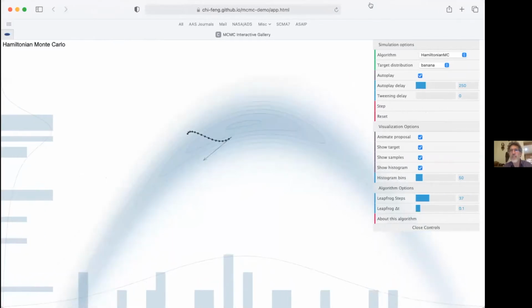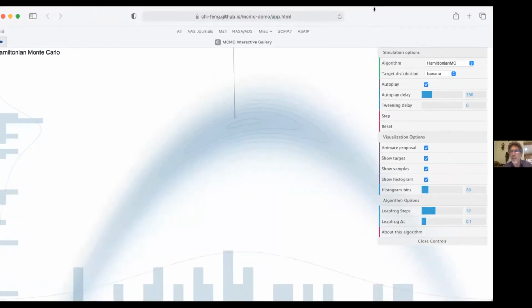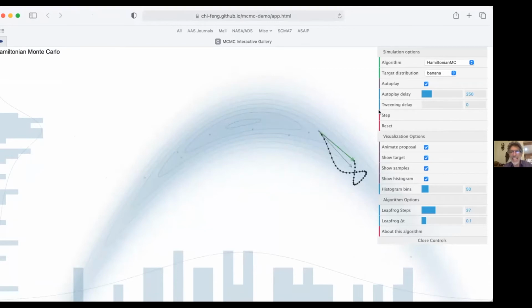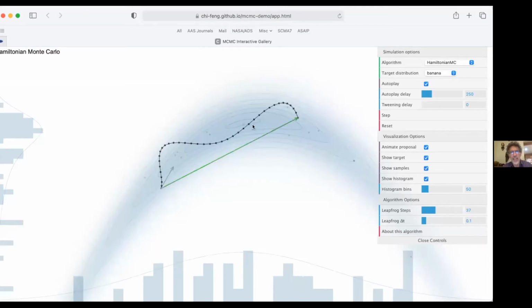Okay. So what this is, it's a Java app or something like this. It's some sort of an app that illustrates some of the MCMC methods. So in this case, I said, start with a banana-shaped, a curved shape in 2 dimensions, 2 parameters, that's peaked in the middle of the banana, and try to map out the entire distribution.